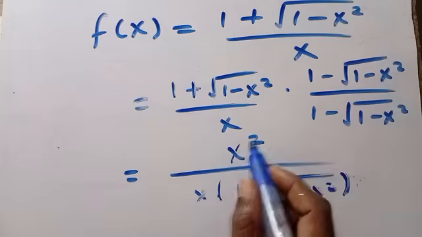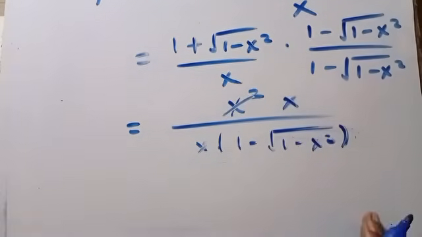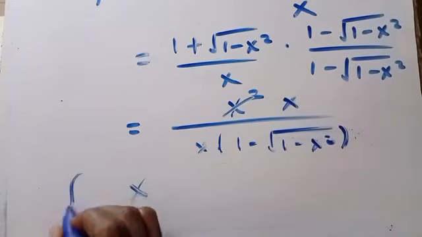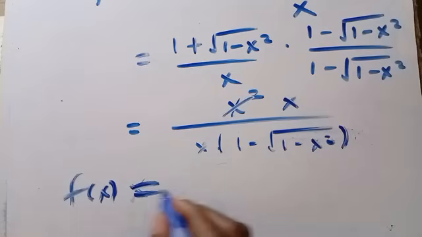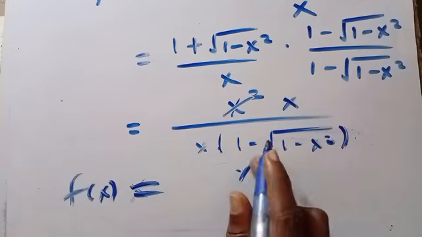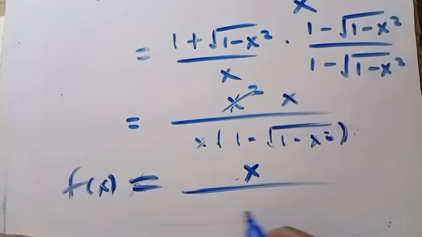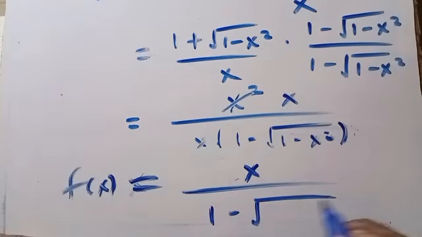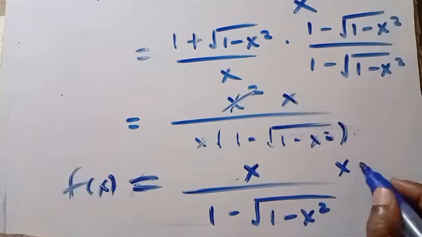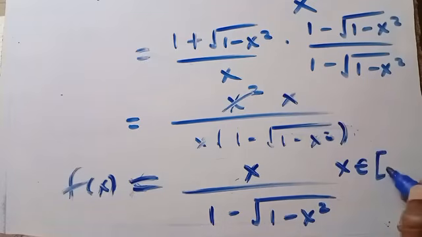And x cancels x, so we have only x. Therefore our f of x is given as x divided by 1 plus the square root of 1 minus x squared, where the value of x is in the closed interval from -1 to 1. Any other values do not satisfy this.